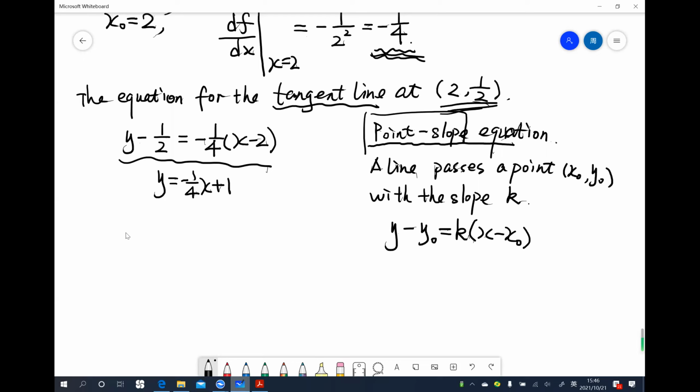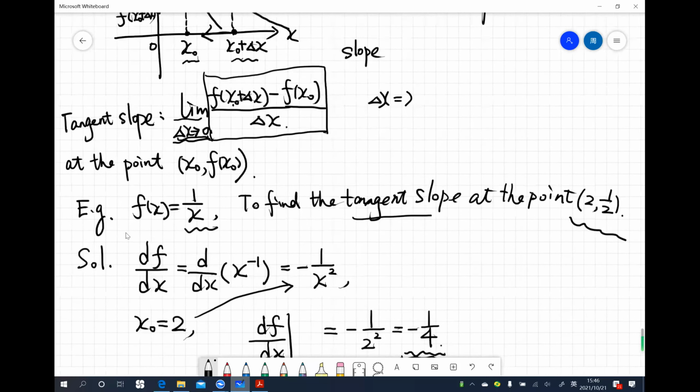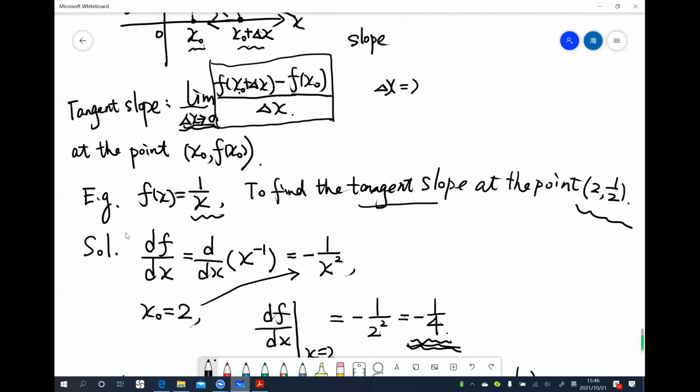We use it to get the equation for the tangent line of the function y equals to 1 by x at the point 2, 1 by 2. So this is the geometric meaning of the derivative here. That means the tangent slope at the point.